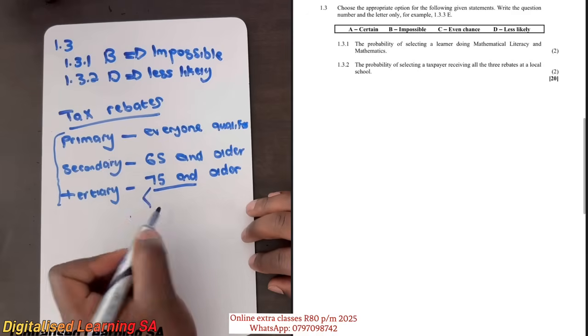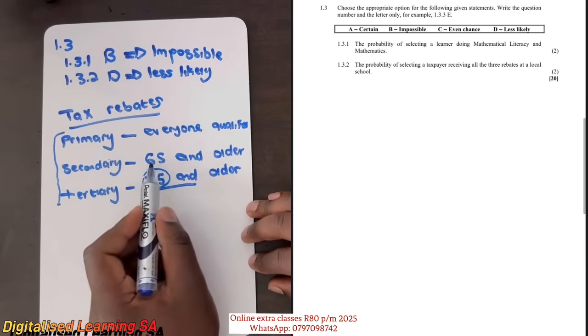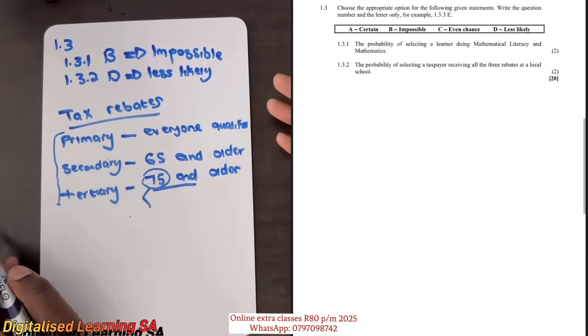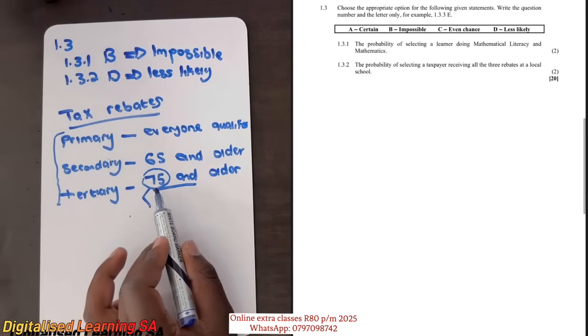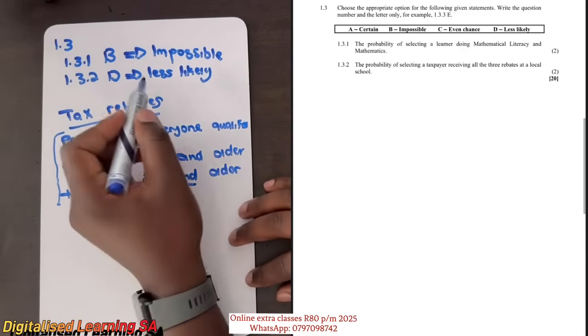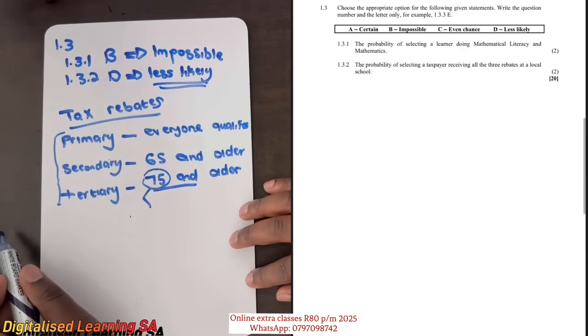So it's hard to find a teacher who is 75 years old. Even 65 is rare, because most workers go to pension at the age of 60 or exactly at the age of 65. So to find someone who's 75 years old still working is less likely. That's why our answer was D.